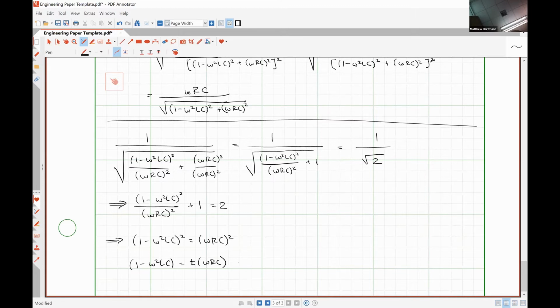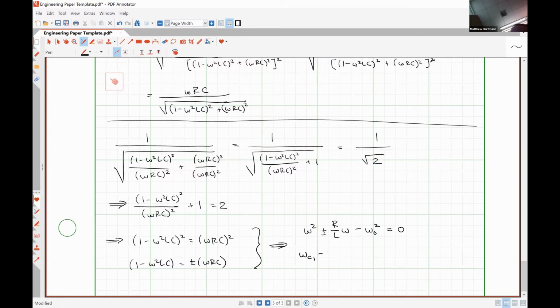So if I put LC as 1 over omega naught squared, what these simplify to is omega squared plus or minus R over L omega minus omega naught squared is equal to 0. This is a quadratic equation, and I'm going to get two solutions.